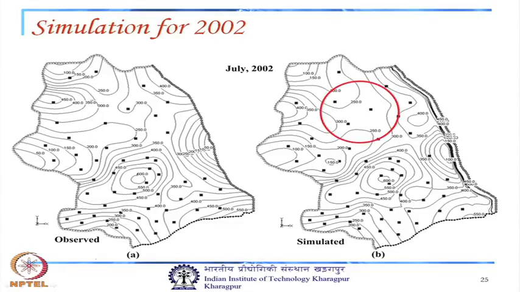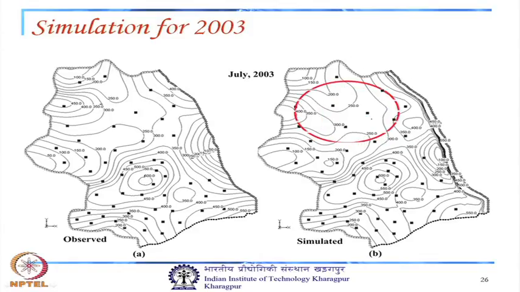And in the simulation for 2002 also, it has been found that between observed and simulated, only in the middle portion there is some kind of deviation, and the simulation for 2003 also shows some kind of deviation for that same region.